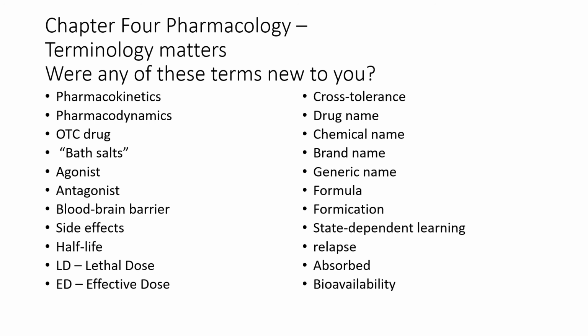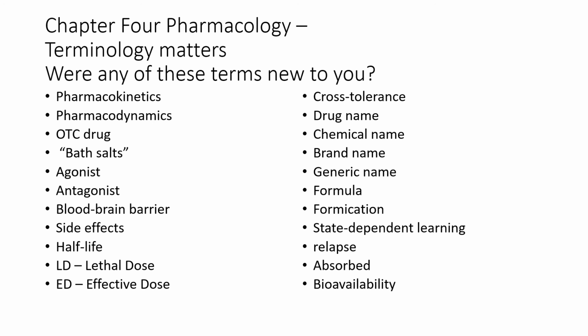We talked earlier in the one on neurotransmitters about agonists and antagonists. Mentioned the blood-brain barrier, side effects, half-life, LD, lethal dose, ED, effective dose. We've also talked previously about cross-tolerance. Here we talked about drug names, chemical names, generic names, formula.